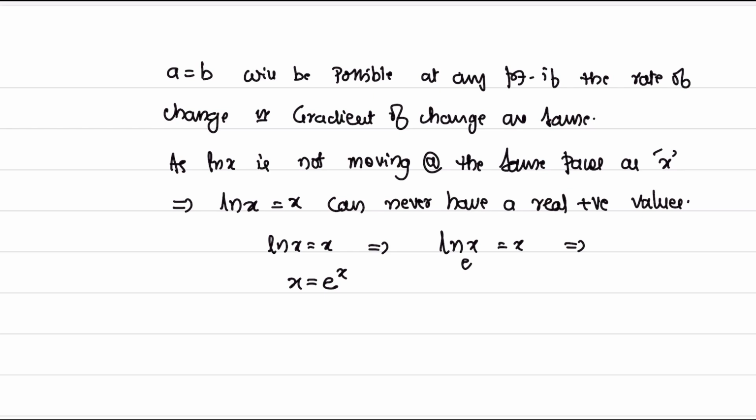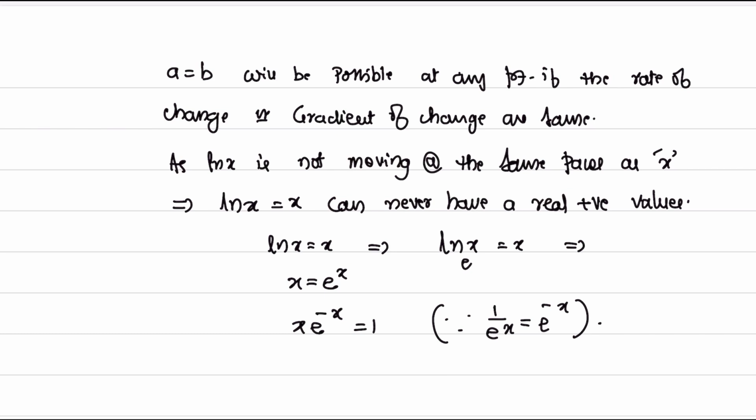Can we write like this? x into e to the power of minus x is equal to 1, since 1 by e to the power of x is equal to e to the power of minus x. Can we bring e to the power of x to the left hand side and say that x into e to the power of minus x is equal to 1?